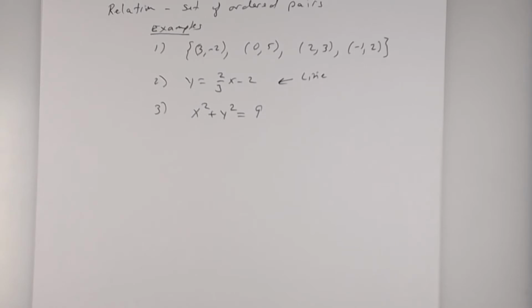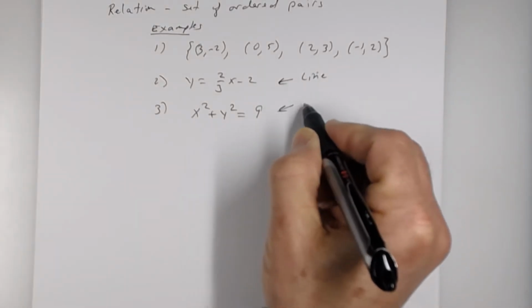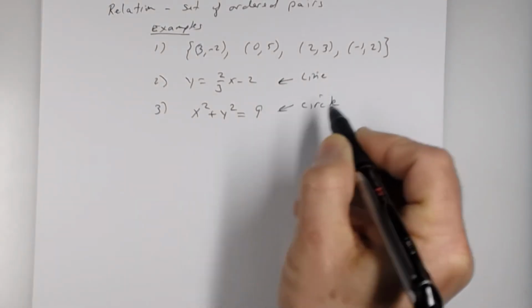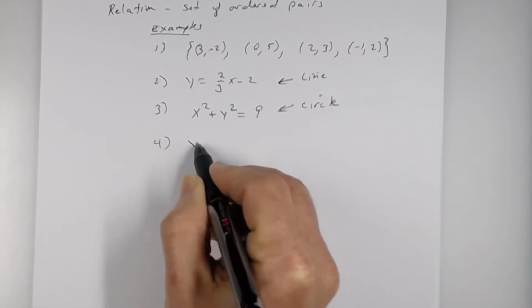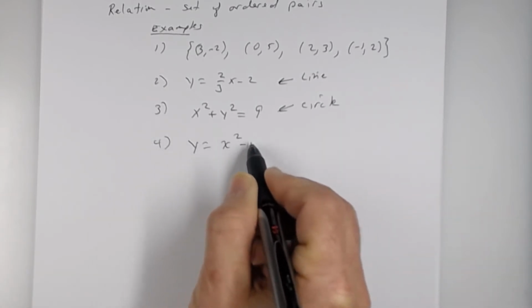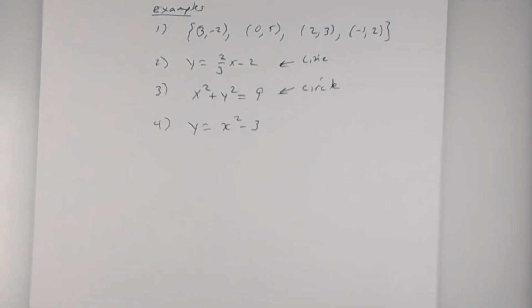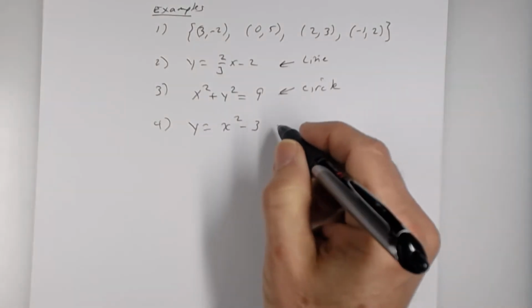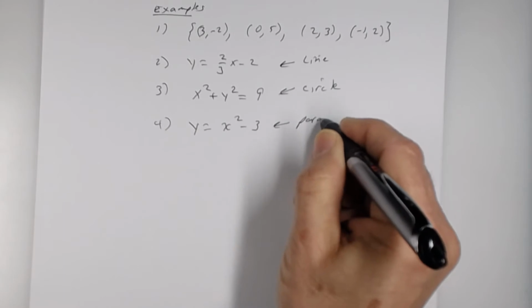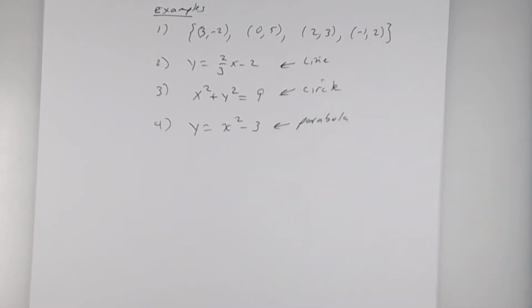That's a circle. Number 4, y = x squared - 3. Last semester you had that. That's a parabola. Okay, that's a parabola. So some of these, based on your experience from this course and the previous course, you can recognize what kind of graphs those represent.